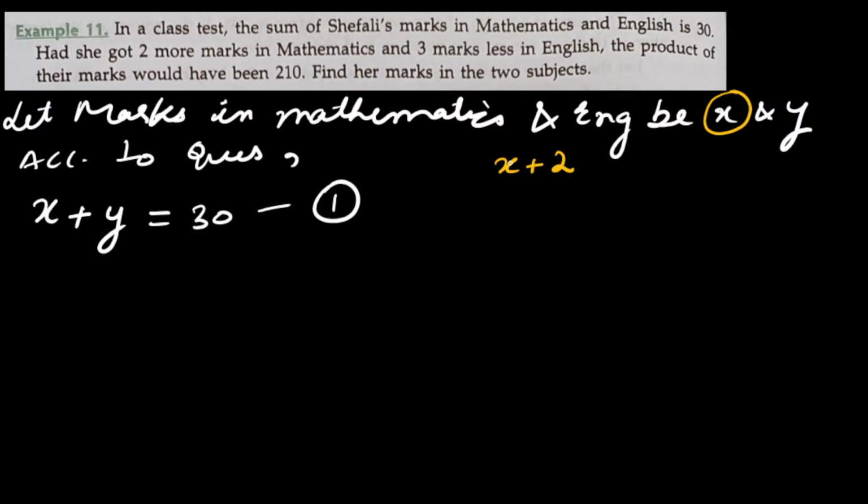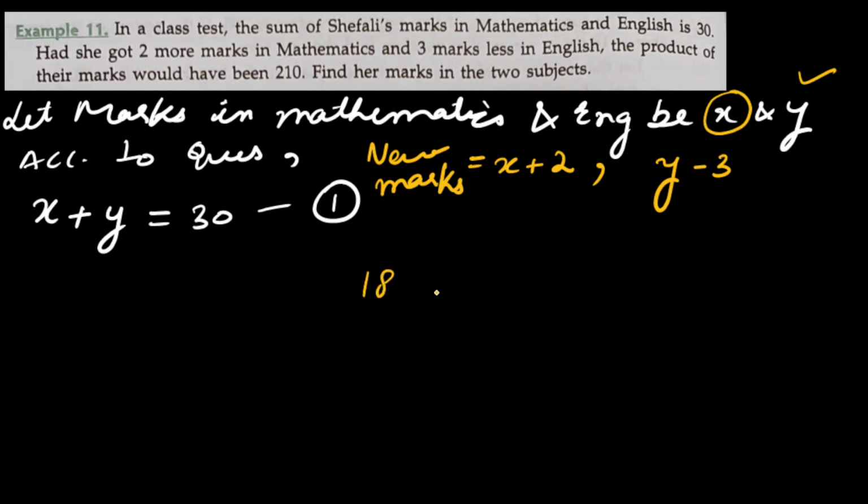So these are new marks, I'm writing with a different color. After adding 2 more marks it will become x plus 2, and in English, earlier it is y, so 3 less means y minus 3.